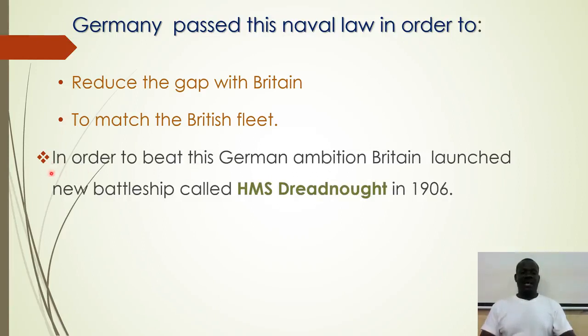In order to beat this German ambition, Britain launched a new battleship called the HMS Dreadnought in 1906. So in 1898, the Germans passed those laws to say, we need to reduce the gap with Britain in the number of battleships, we need to match Britain.